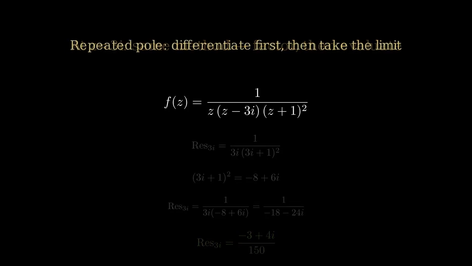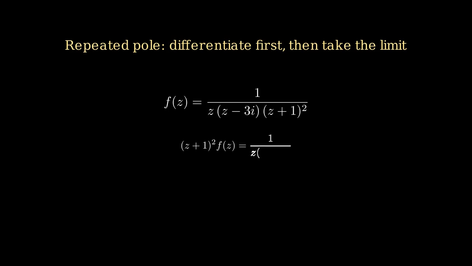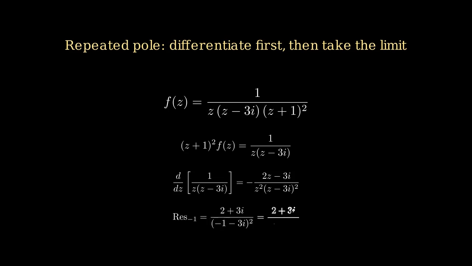Finding the residue at the repeated pole, z equals -1. Pattern to recognize: repeated poles need one extra step, differentiate first, then take the limit. Step 1. Multiply the function by the quantity z plus 1 squared to clear the singularity. Step 2. Differentiate the result once, giving negative the quantity 2z minus 3i divided by z squared times the quantity z minus 3i squared.